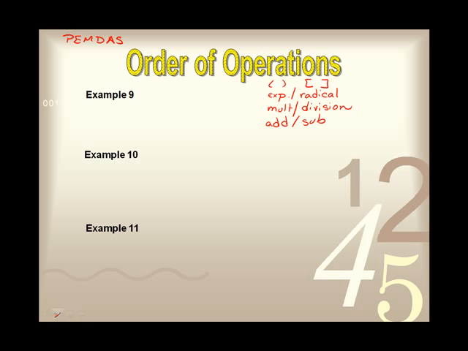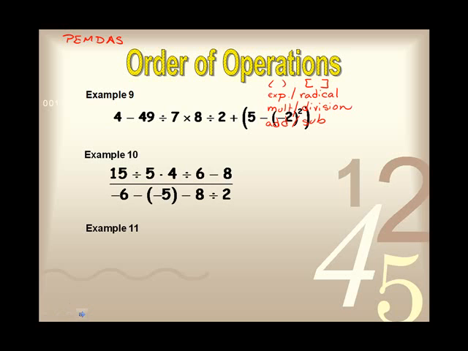Okay, so we have three examples here: example 9, example 10, and example 11. I would like you to try these three problems on your own. I don't want you to use a calculator, because all three of these problems are very doable without one.